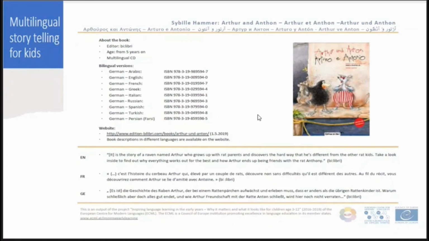This is the website for the editor, and you also have access to someone reading the story in one language and in the other language. So you have those bilingual versions. And so this is very useful to use with kids. And of course, you can also keep the images and ask someone else to read the story in another language that is not available. So it's a multi-purpose resource.